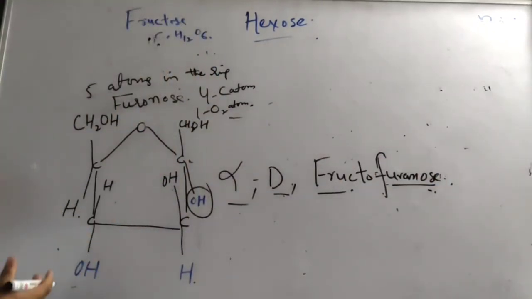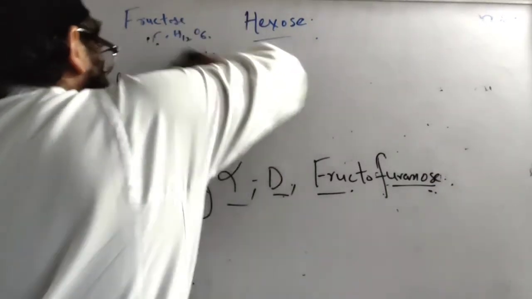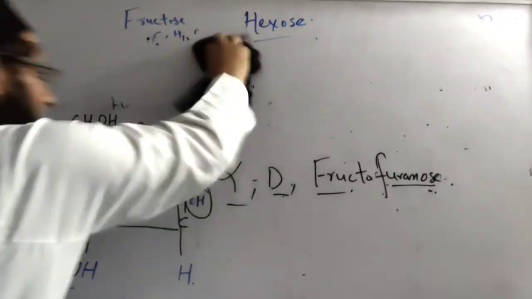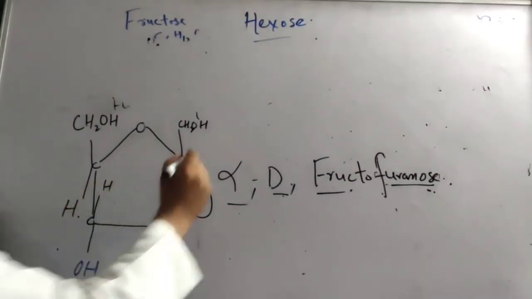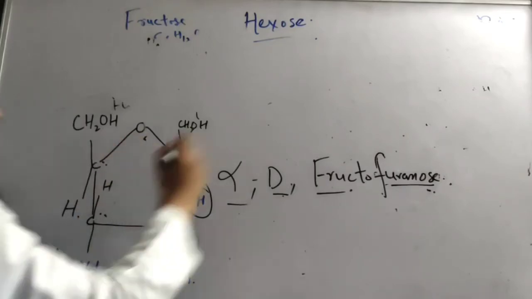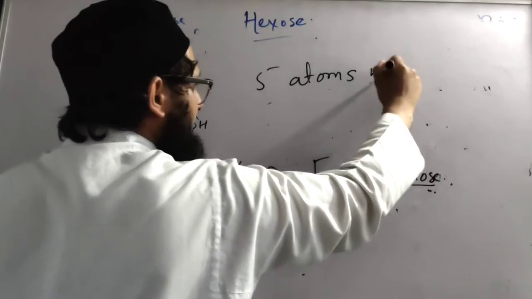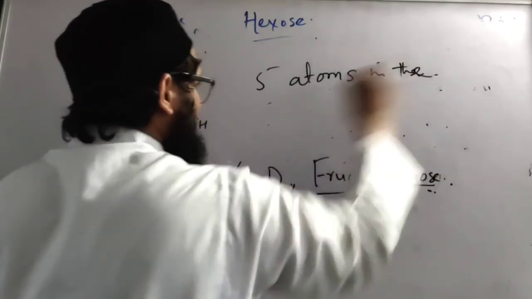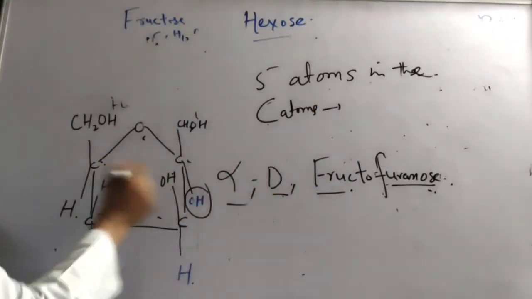So what do we call it as the furanose ring here? Let's count again: 1, 2, 3, 4, 5. We have 5 atoms in the ring. How many carbon atoms are in the ring? 1, 2, 3, 4.